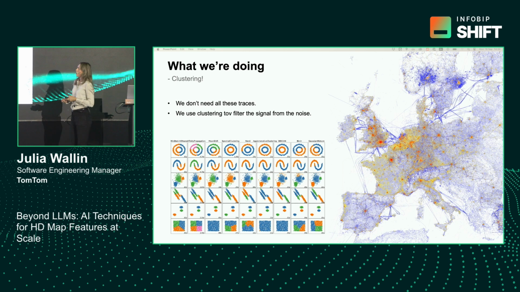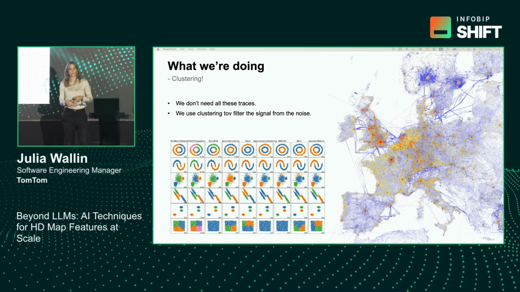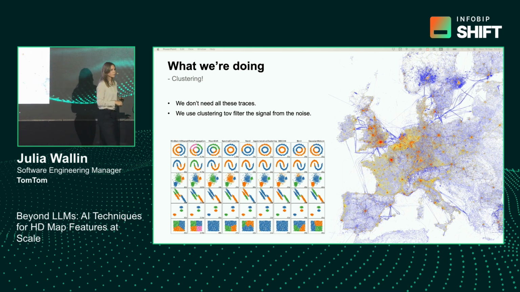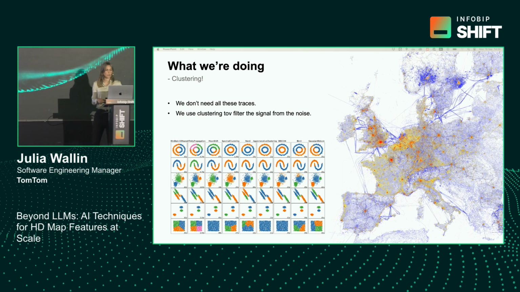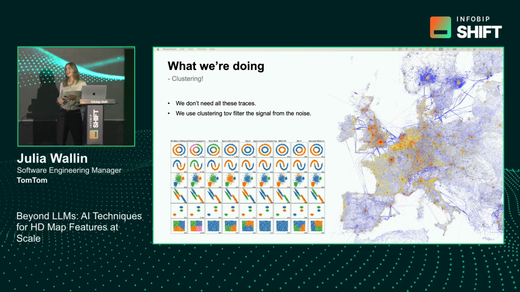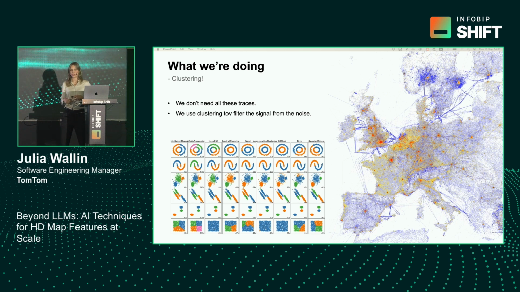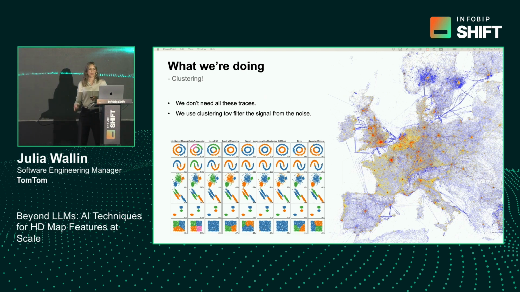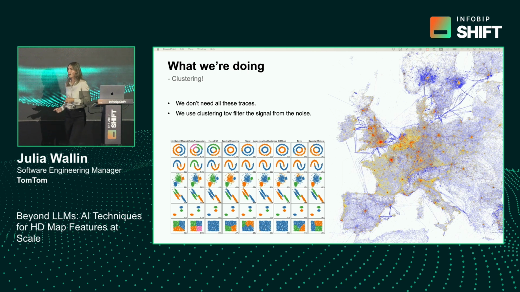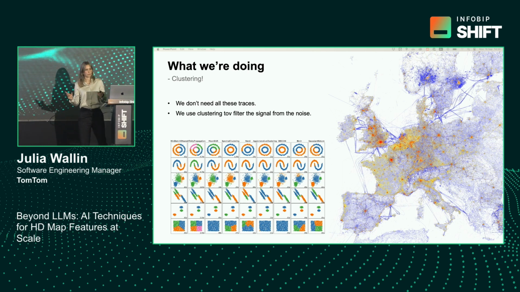We are doing clustering. Yes. One of our sources is so-called sensor-derived observations. So imagine that we have the observations of thousands of cars passing the same stop sign every single day.